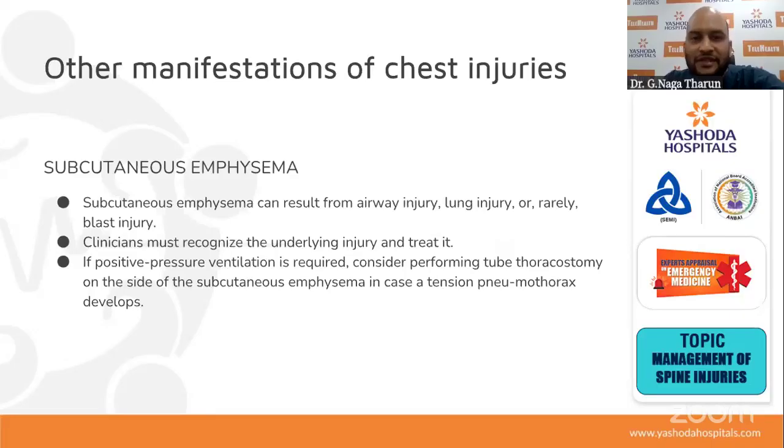Other manifestations of chest injuries: subcutaneous emphysema. Subcutaneous emphysema can result from airway injury, lung injury, or air blast injuries. We must recognize the underlying injury and treat it. If positive pressure ventilation is required, consider performing immediate tube thoracostomy on the side of the subcutaneous emphysema in case a tension pneumothorax develops.